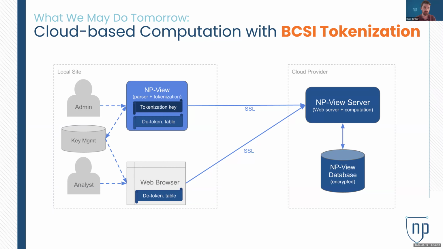We can send the tokenized data in the cloud, do the computation at large scale, get results extremely fast, and then through a web UI with the detokenization table, have the true network map being displayed for end users without any risk of whether the cloud-based database could be compromised.